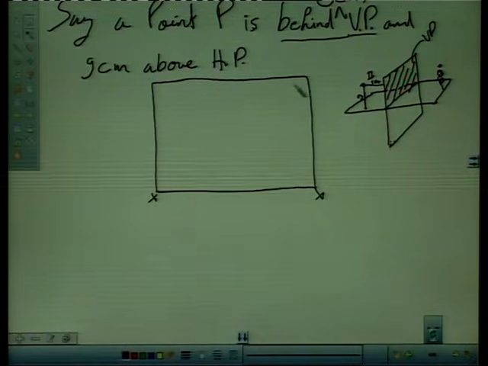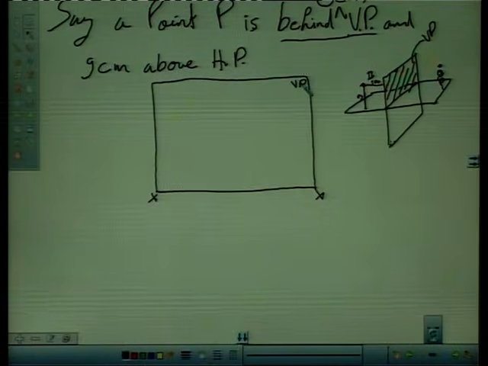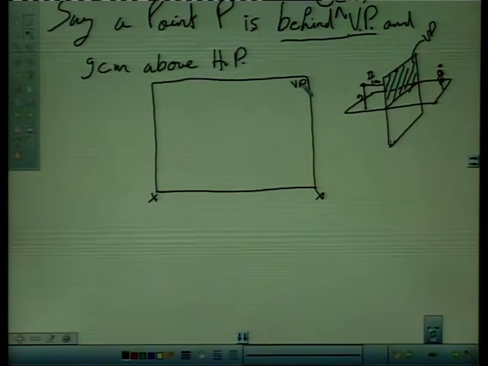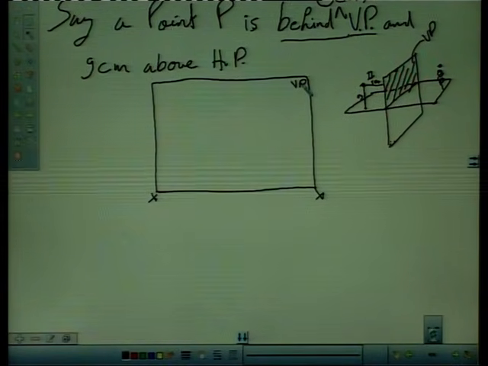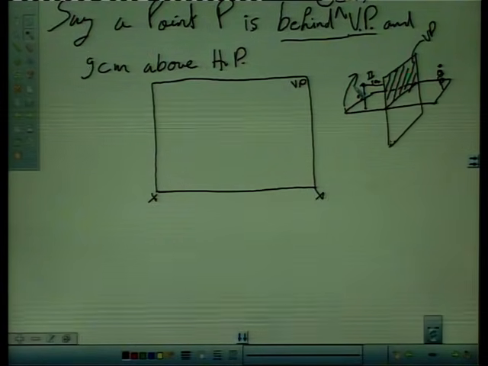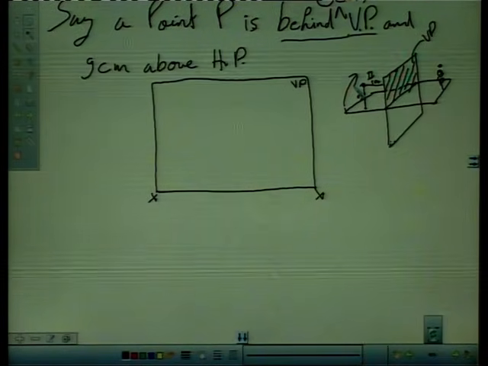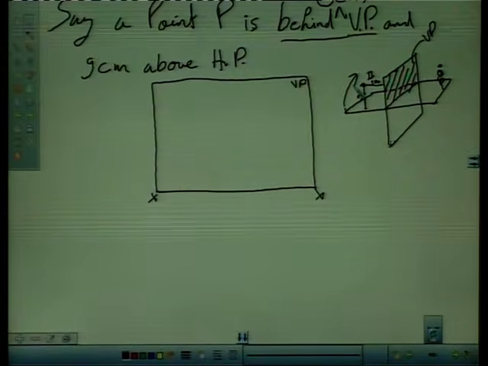Say this rectangle represents vertical plane. Now this horizontal plane will move clockwise. We already know that it will move by 90 degree clockwise. When this horizontal plane moves, it will coincide with this vertical plane.